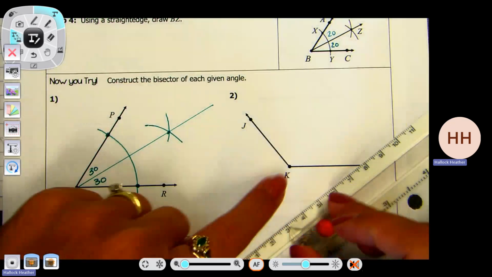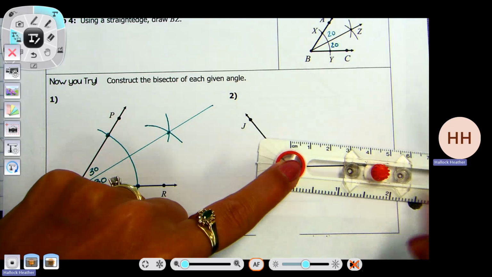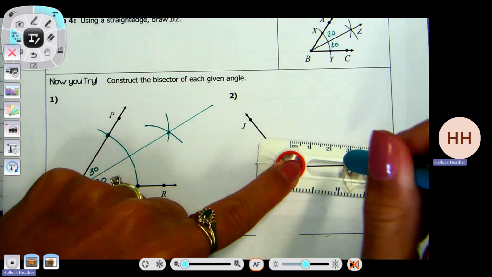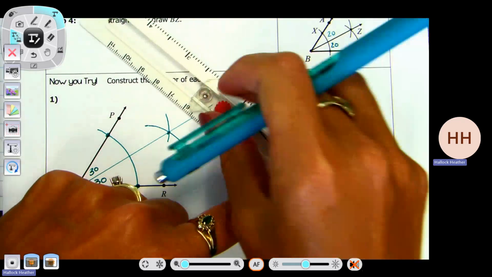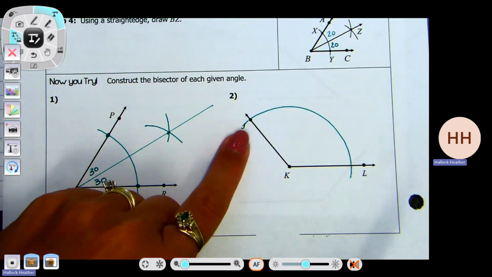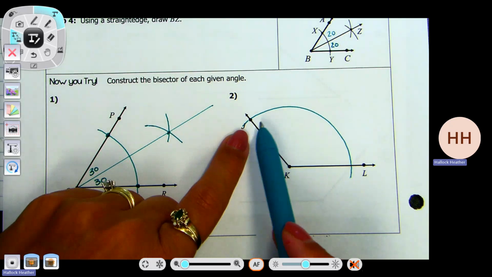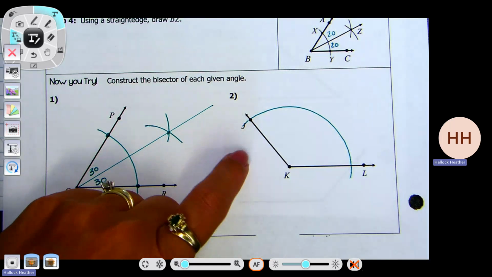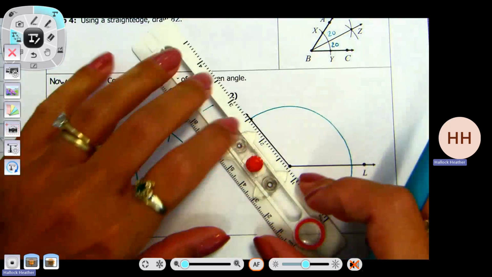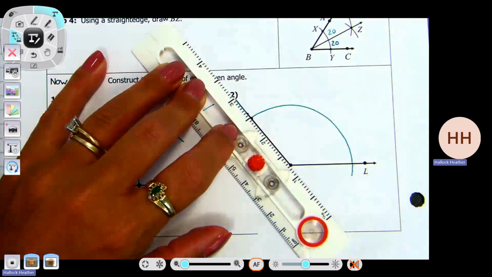So we are going to start by drawing a big arc. It should go through both sides of your angle. So I'm going to go all the way over. Oh, look, that went perfectly through J. That's just a coinkydink. It doesn't have to go through J. If your arc went past this ray and didn't cross, all you have to do is go back and make your line a little bit longer using your straight edge. So you might just have to do a little extendo.